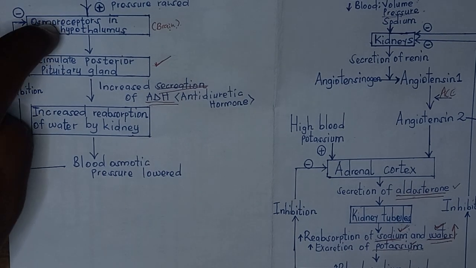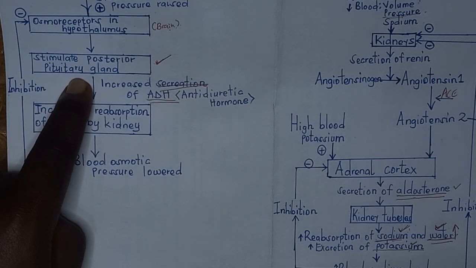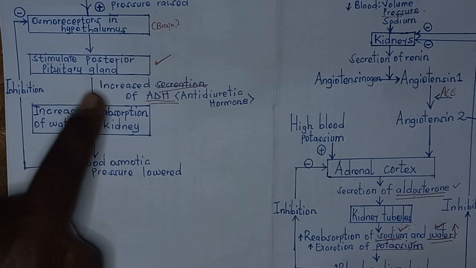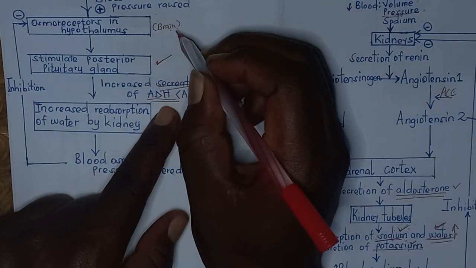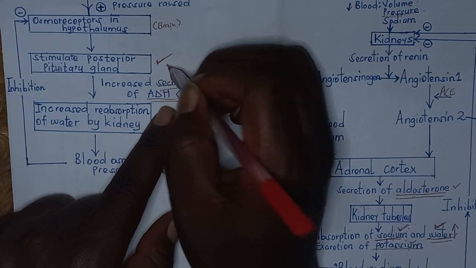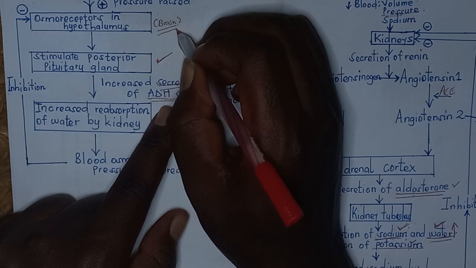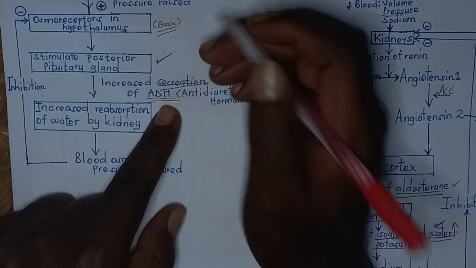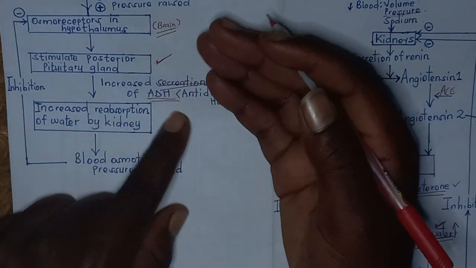It means they will activate the pituitary gland to release the ADH. The pituitary gland releases the ADH, but it is stimulated by the hypothalamus. So the hypothalamus is telling the pituitary gland to release the ADH.